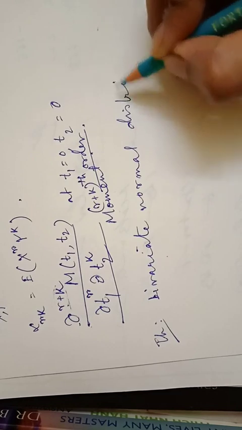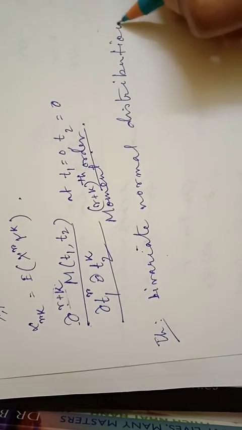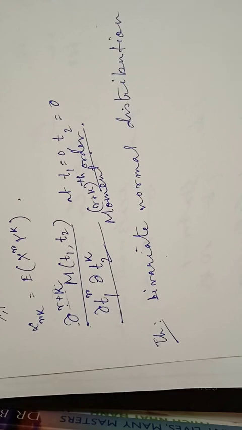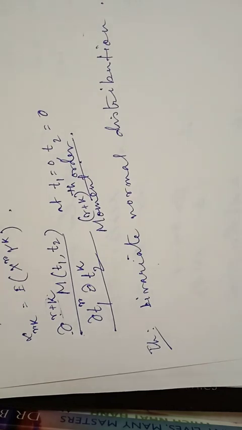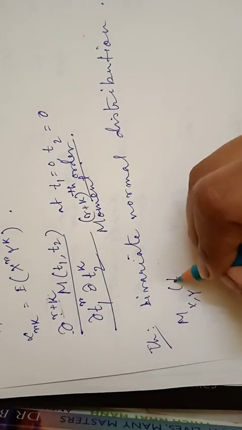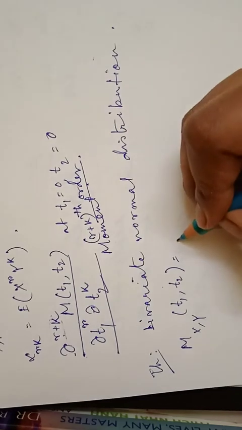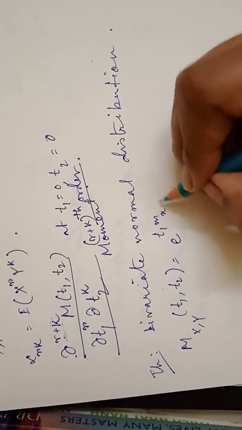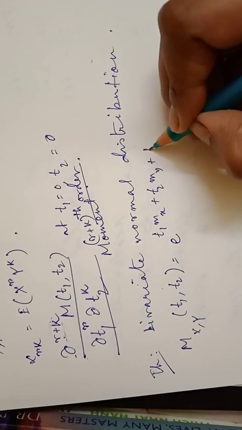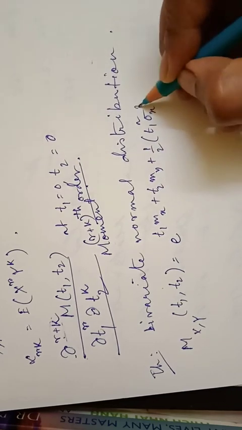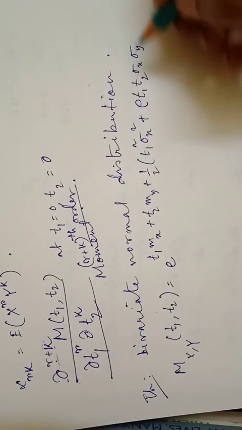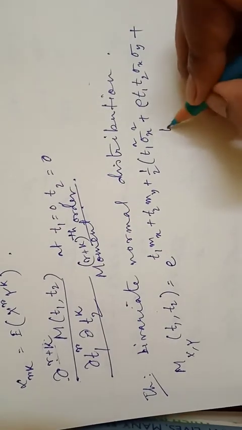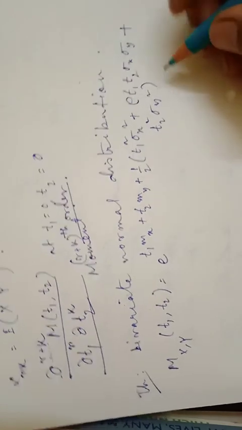Here we are considering it bivariate, that means there are two random variables, X and Y. The moment generating function for the bivariate normal distribution is given by M_{X,Y}(t1, t2) equals e to the power t1 mu_x plus t2 mu_y plus half of (t1 square sigma_x square plus rho t1 t2 sigma_x sigma_y plus t2 square sigma_y square).